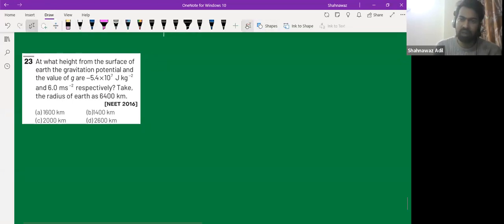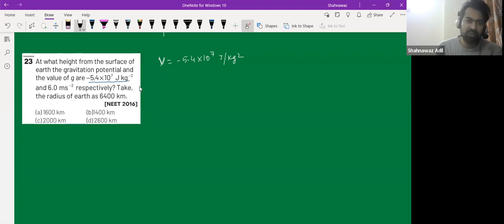First let us write what the given things are. The gravitational potential, in SI units joule per kg, is minus 5.4 into 10 to the power 7 joule per kg. This is the potential at a certain height.